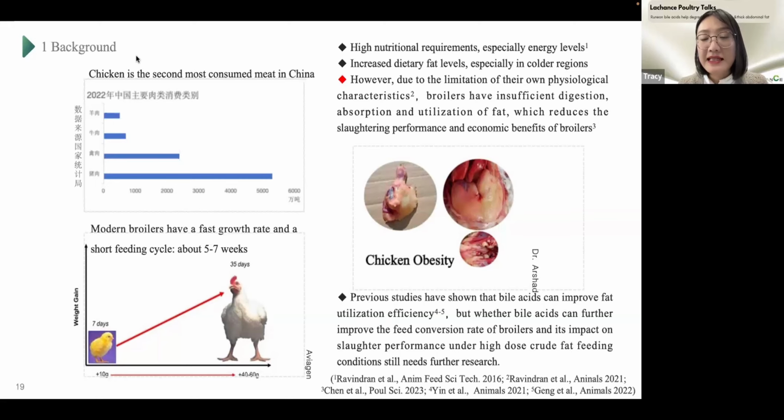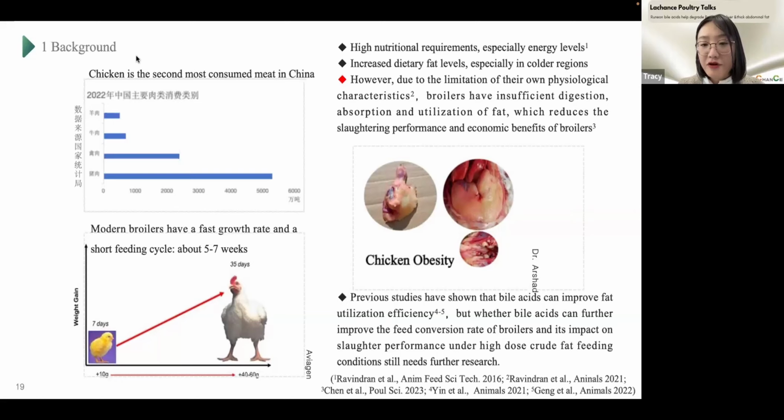So in some places, especially in colder regions, the dietary fat level is getting higher and higher. However, due to the limitation of their own physiological characteristics, broilers have insufficient digestion, absorption, and utilization of fat, which reduces the slaughtering performance and economic benefits of broilers.